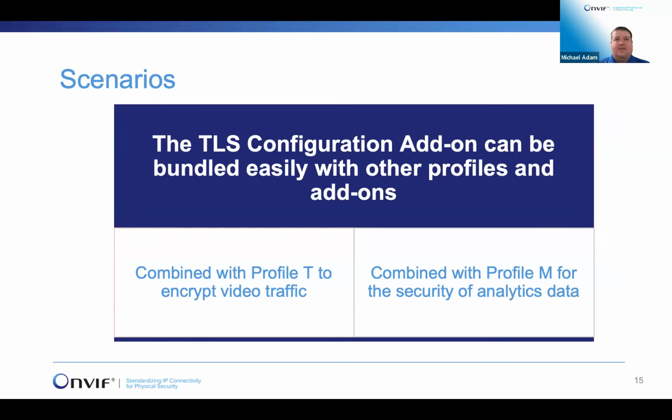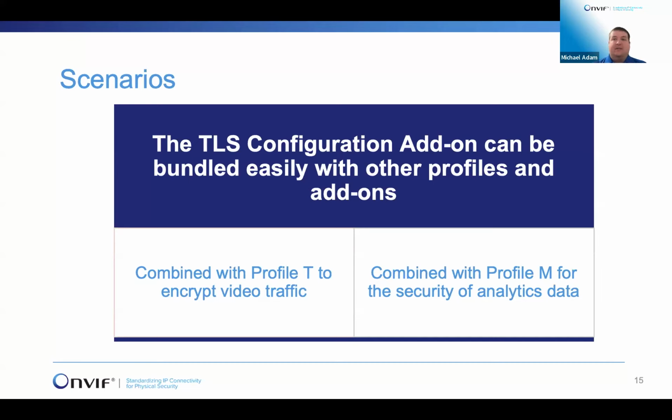We talk about where you would pair this. What scenarios would you use the TLS configuration add-on in? As we said, you can use an add-on with any mix of profiles. Profile T specifically talks about encryption of video traffic, using either RTP over HTTPS or RTPS.